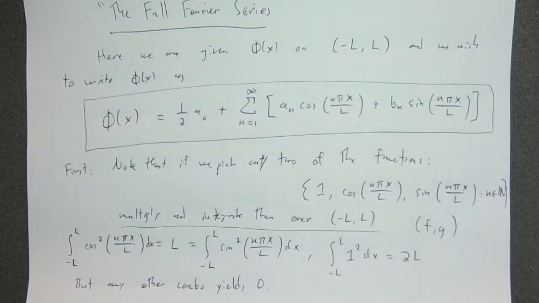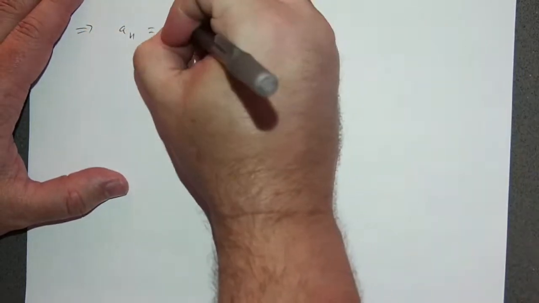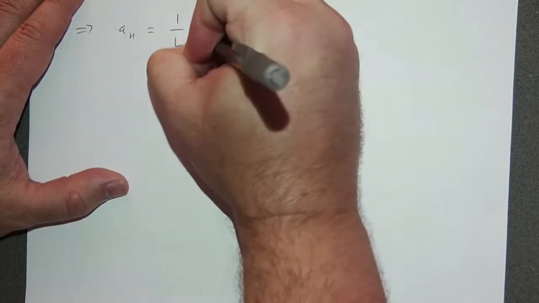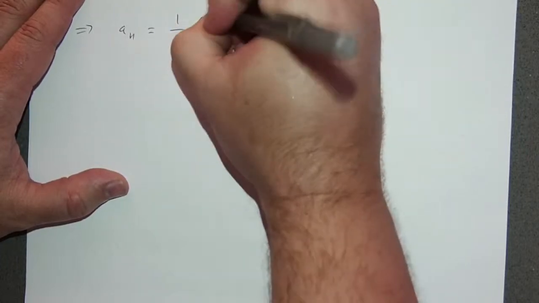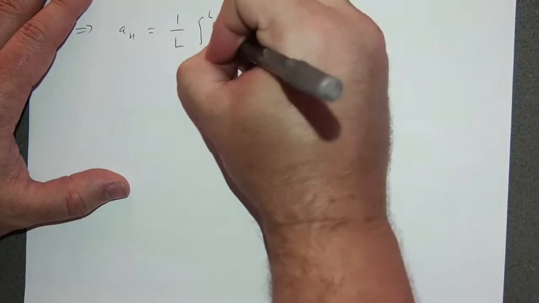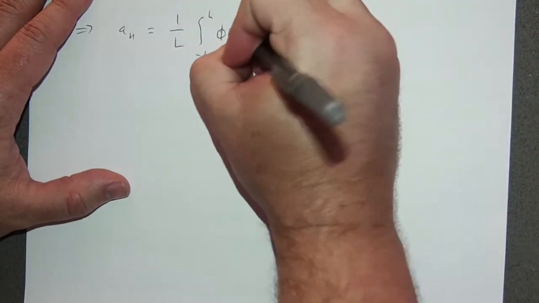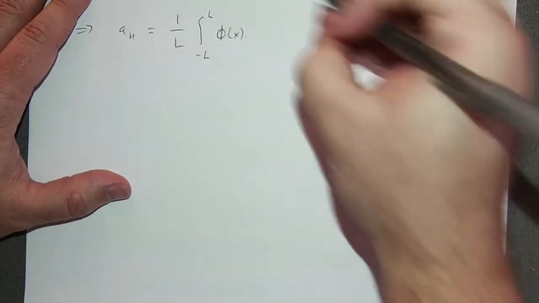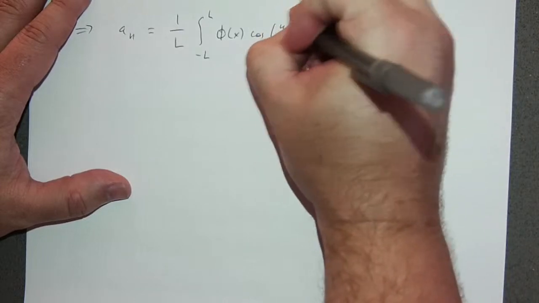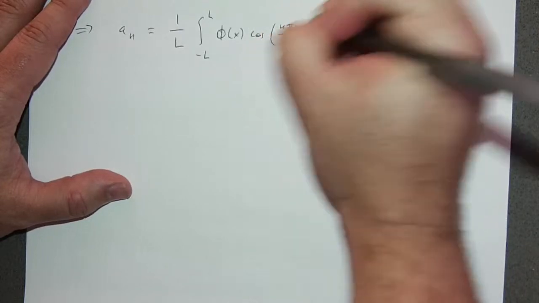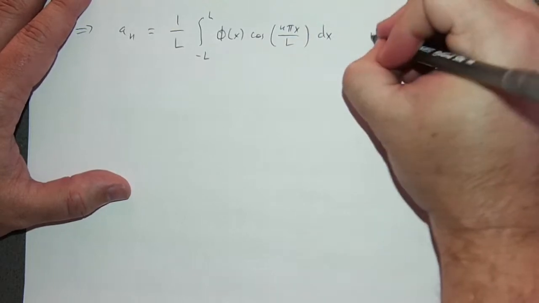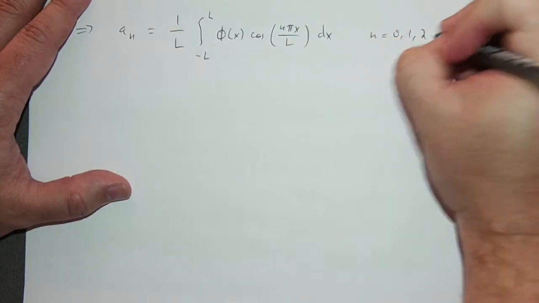And so using the exact same argument as before, what do I get? a sub n can be defined as 1 over L times the integral from minus L to L of phi of x cosine of n pi x over L dx, and that is for n equals 0, 1, 2, and so on.